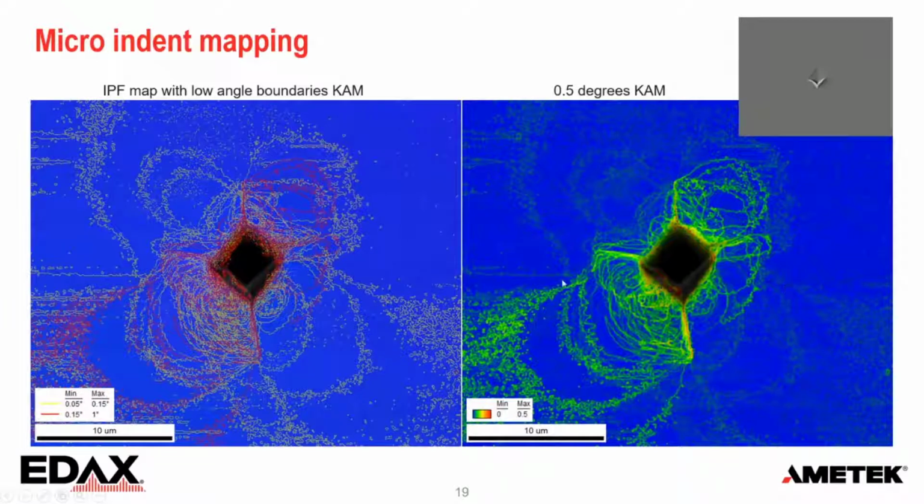And if you put the scale bar on there, all these yellow lines are low angle boundaries between 0.05 and 0.15 degree. So very, very small rotations can be accurately determined in a normal mapping. And the red ones, the higher misorientation, is only up to 1 degree.